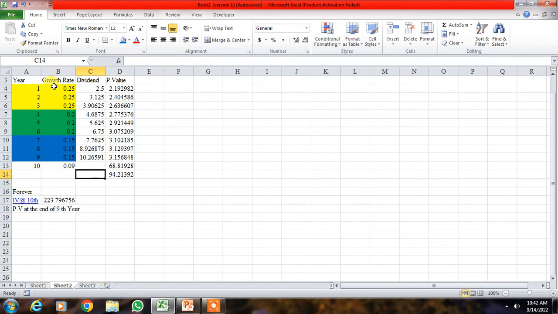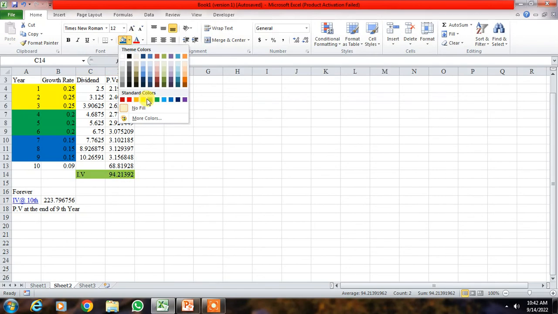Now this is the final intrinsic value of the common stock. So again, you can compare it with the market price and then decide whether you are going to purchase it or not.